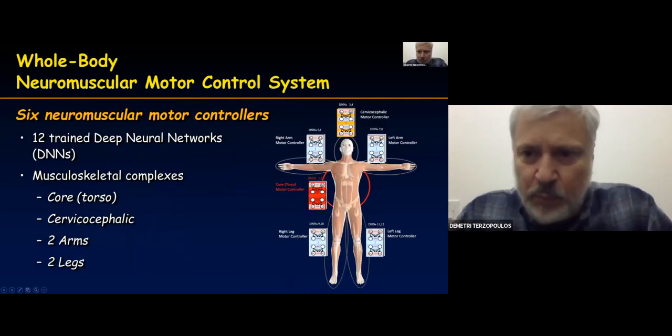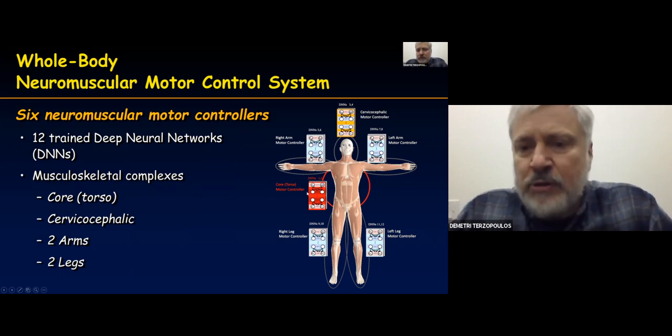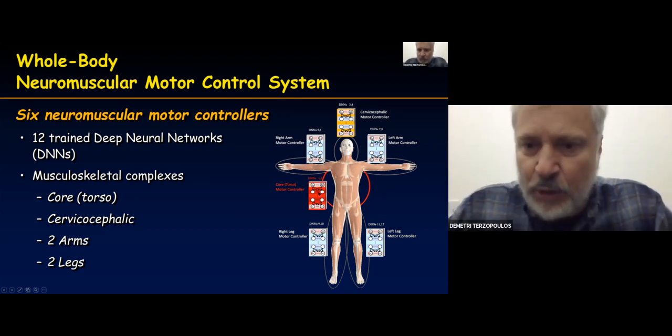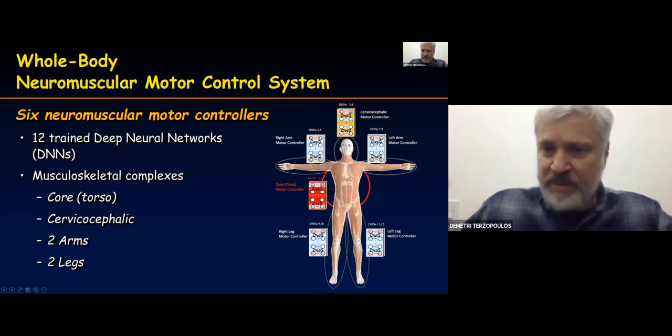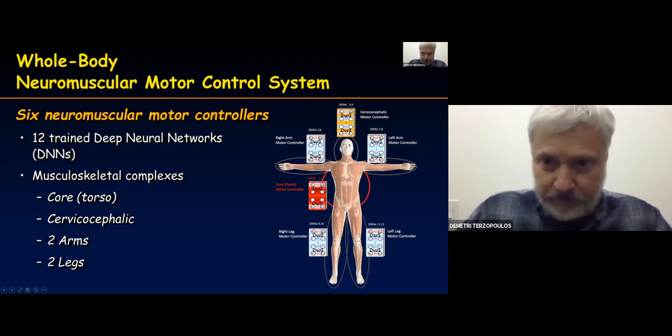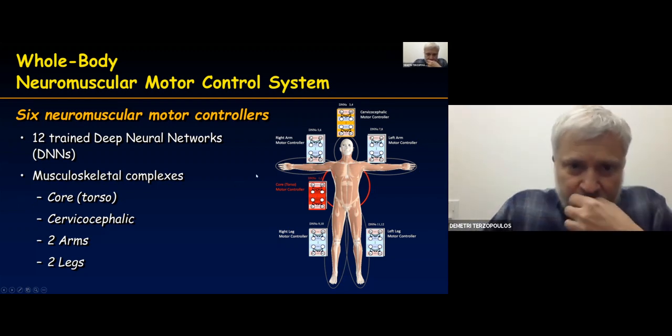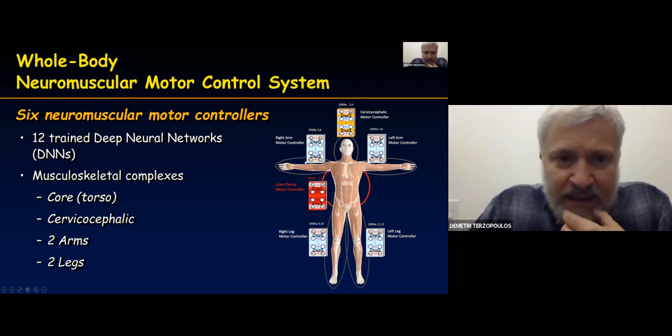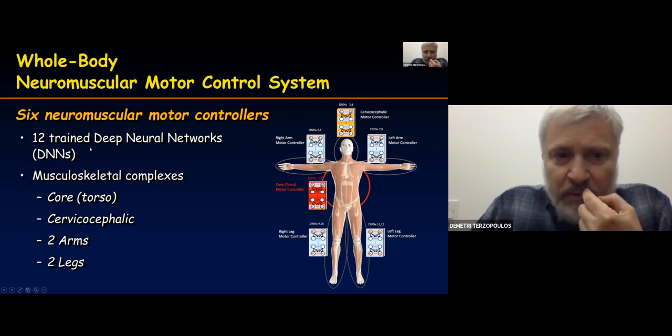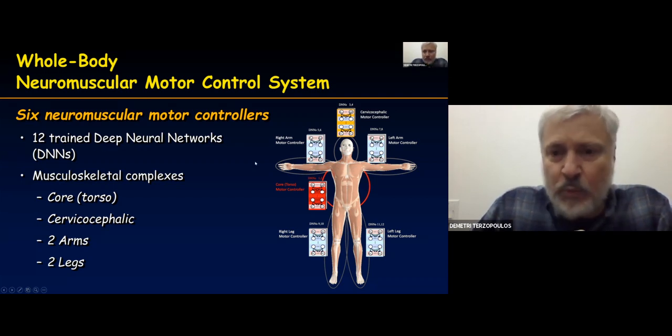And so what we do then is we devise neuromuscular controllers for each of these complexes. And the core complex ties together the other complexes, the extremities, including the head extremity and the 4 limb extremities. So here we have 12 trained deep neural networks.